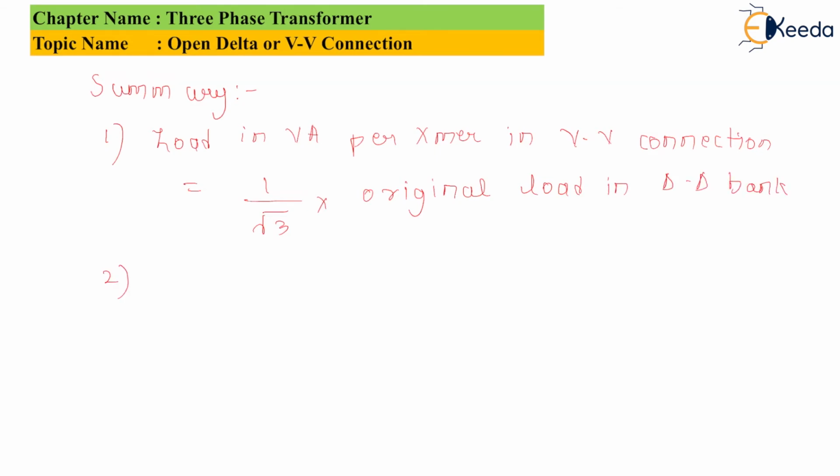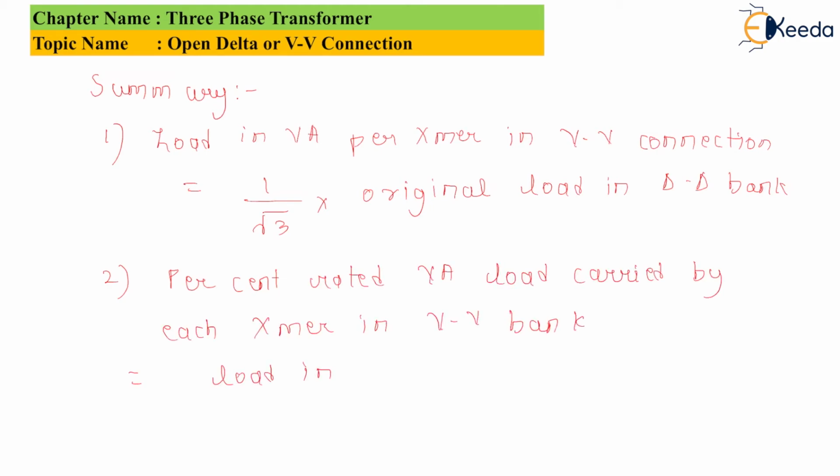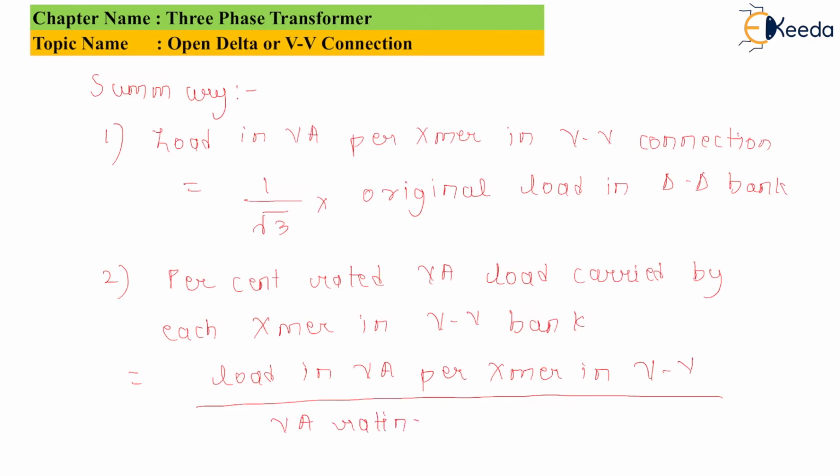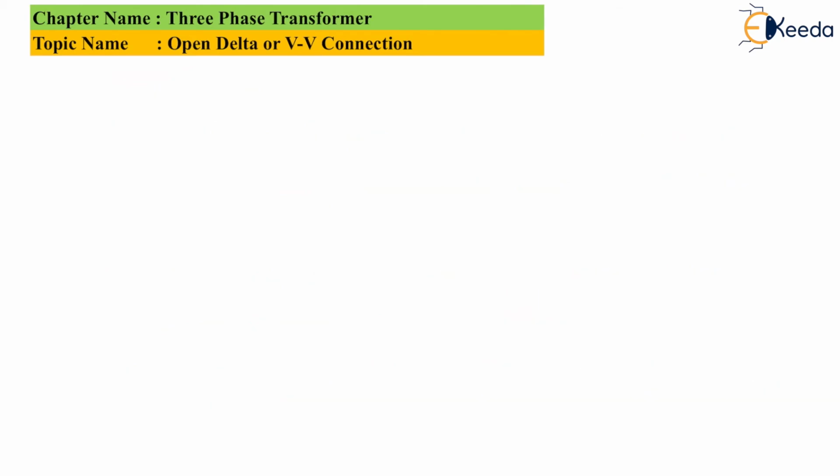Also, the second thing is that the percent rated VA load carried by each transformer in open delta bank is equal to the ratio of load in VA per transformer in open delta to the VA rating per transformer, multiplied by 100.